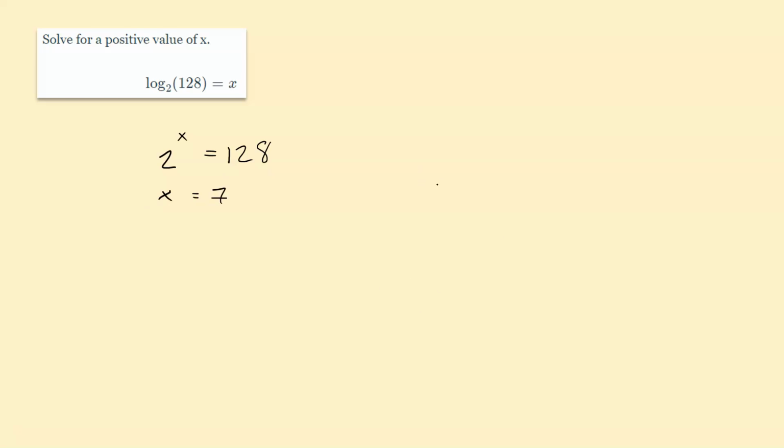The other way you could do this is by plugging it into the calculator. If you remember from last class, this equals log base 10 of 128 over log base 10 of 2, which is useful because the log button in our calculator is always going to be log base 10.